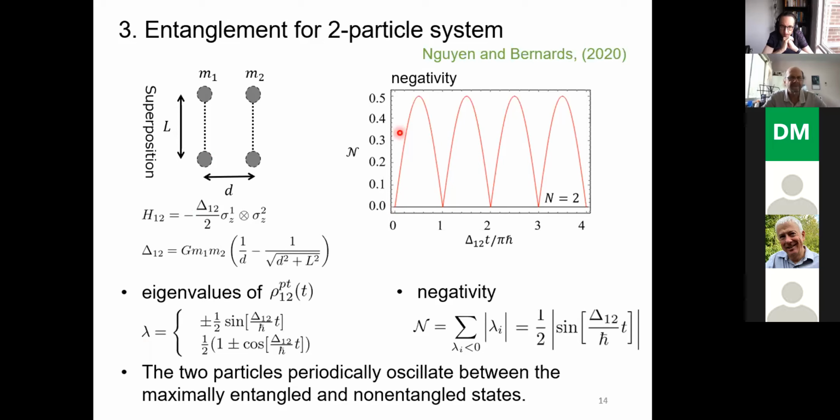this periodic oscillation is determined by unitary evolution. But are the particles moving? It says they oscillate between the two states, but it looks like they're not actually physically moving.